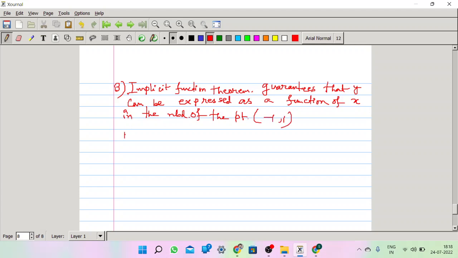Option C is that the implicit function theorem is not applicable at 1 comma 0.